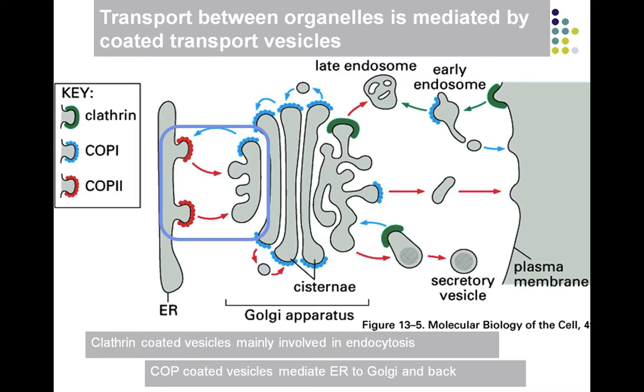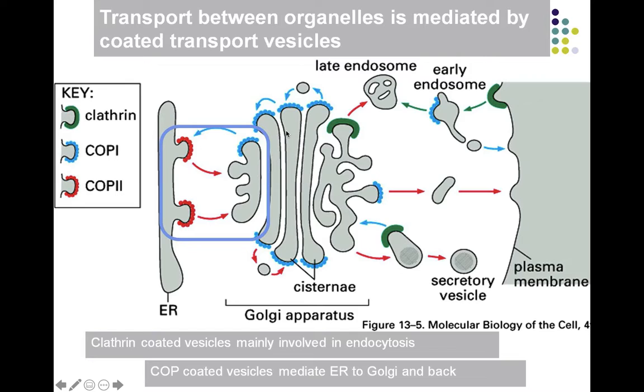So these are coat proteins. Some examples of coat proteins involved during organelle transport include clathrin, COP1, and COP2. Now, the basic difference: clathrin is associated with receptor-mediated endocytosis, internalization, the endosomal pathway.